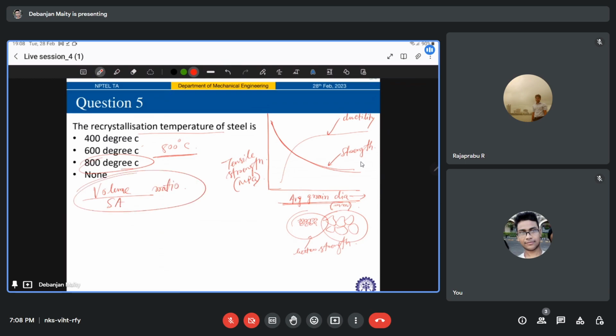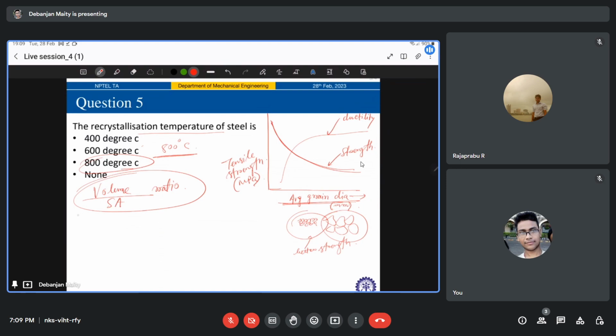So this governs the effective grain size actually, and I should draw another figure. Let me draw the figure, otherwise this is a little bit difficult to understand.